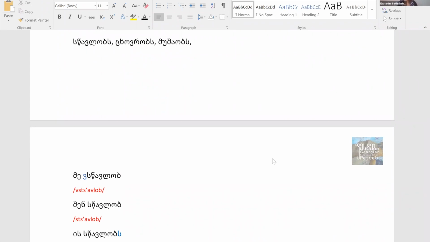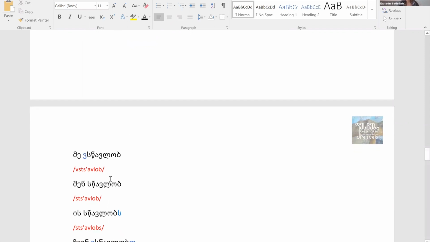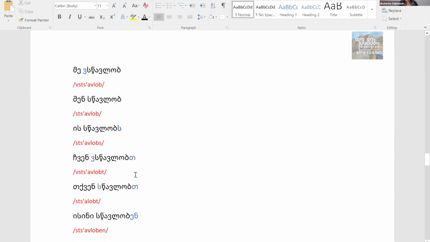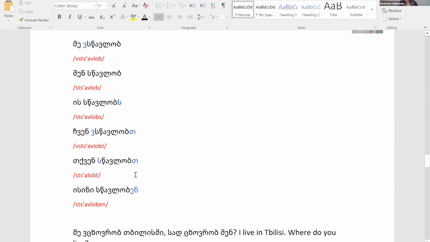This is the difference in terms of conjugation. In the present there is no difference: მე ვსწავლობ, შენ სწავლობ, ის სწავლობს. ჩვენ ვსწავლობთ, თქვენ სწავლობთ, ისინი სწავლობენ. This is the verb "I study". As you see, almost no difference in the present from the first class verb.